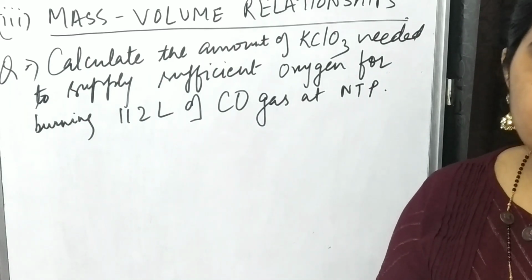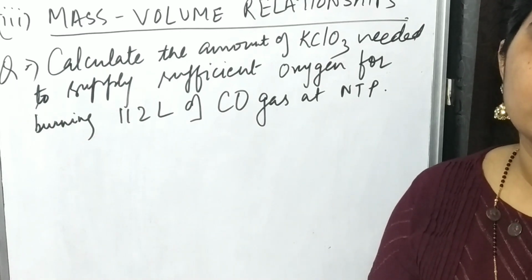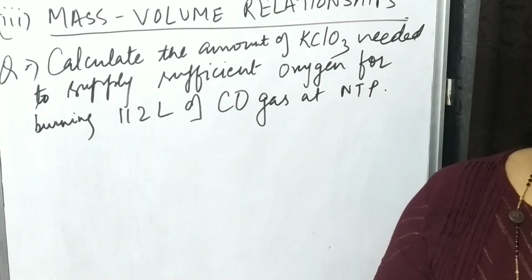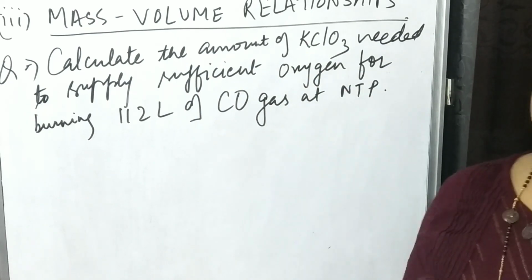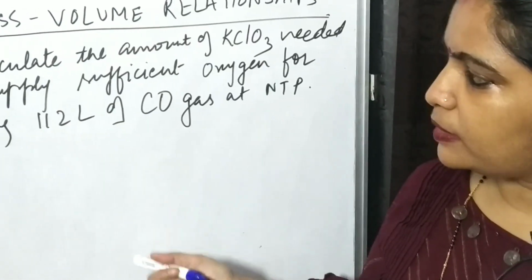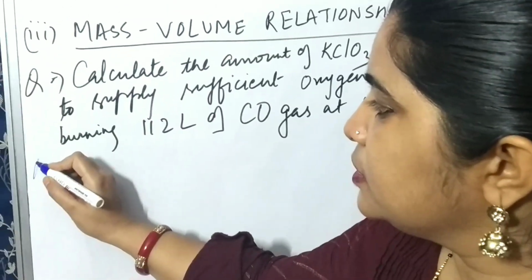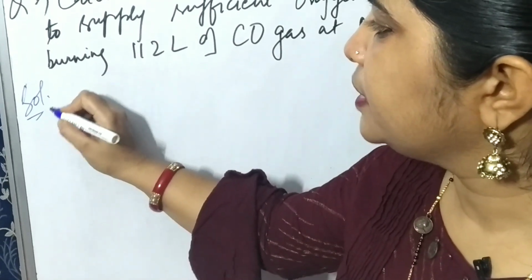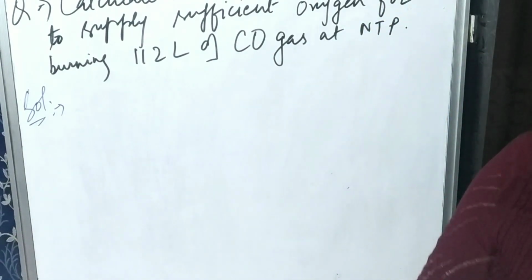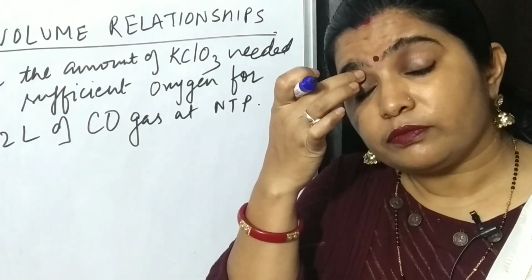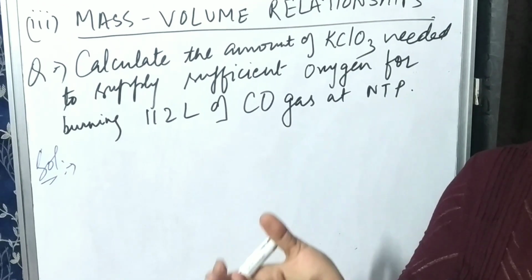So children, here we will first calculate the required O2. Then we will calculate the amount of KClO3. So step by step we will see how it happens. So solution you can write: calculation of O2 gas required to burn 112 liters of carbon monoxide.